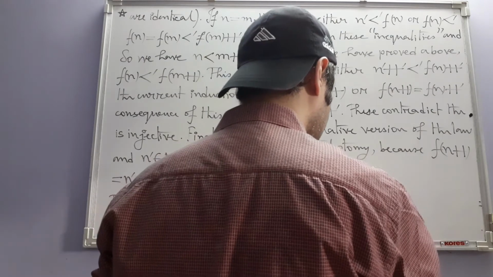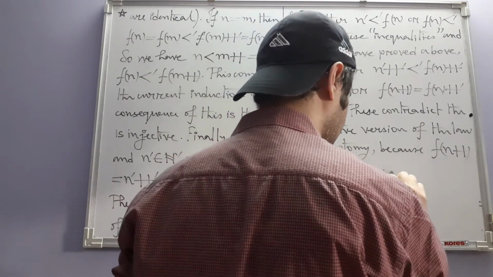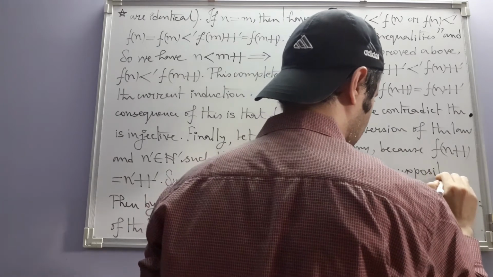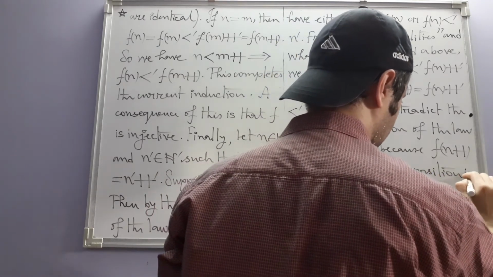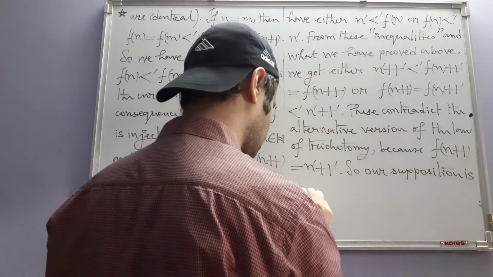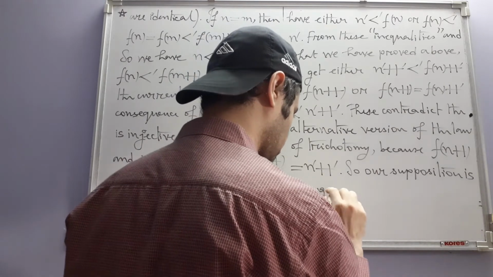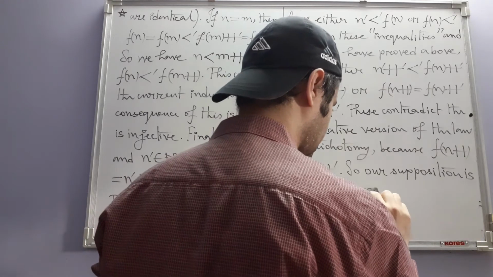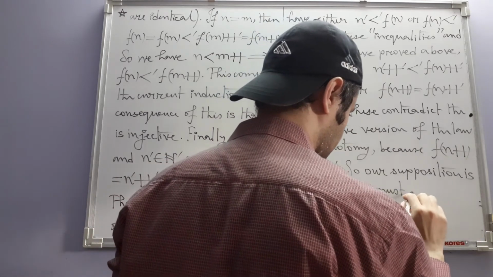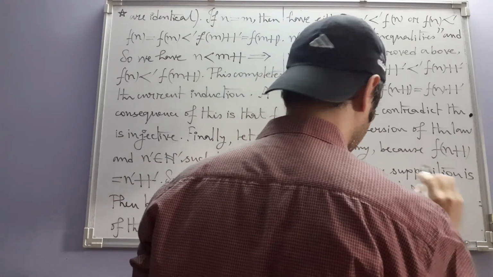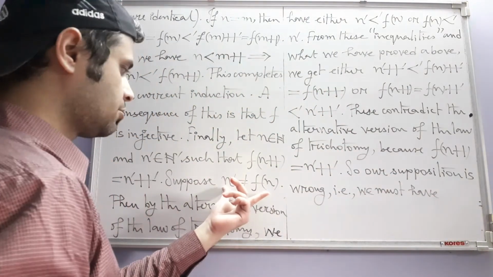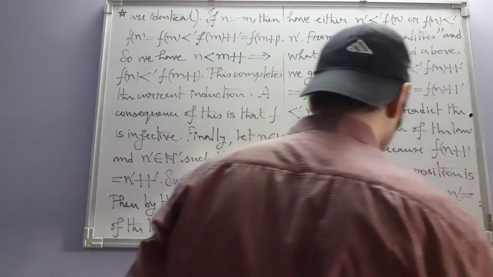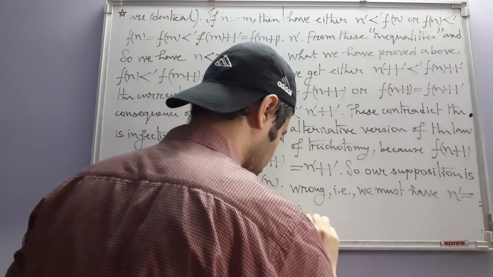So our supposition is wrong. That is, we must have these two also to be equal. N prime is equal to f of n.